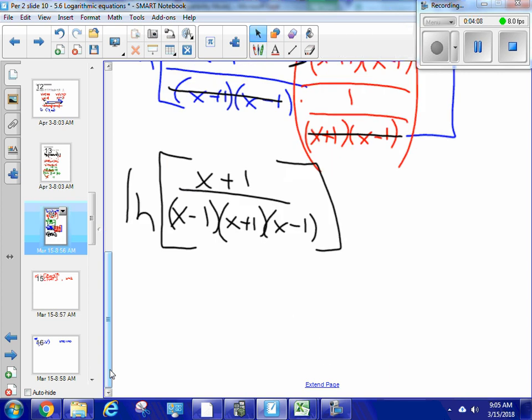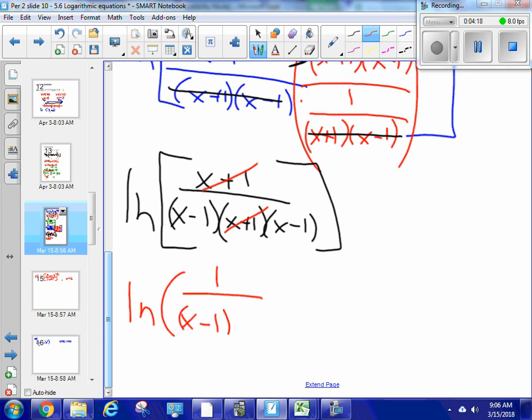And lo and behold, x plus 1's cancel out, and I'm left with ln 1 over x minus 1 times x minus 1, which is the same thing as ln 1 over x minus 1 squared.